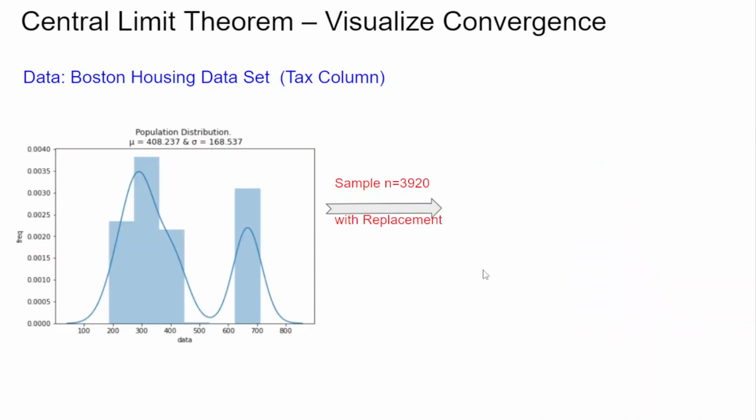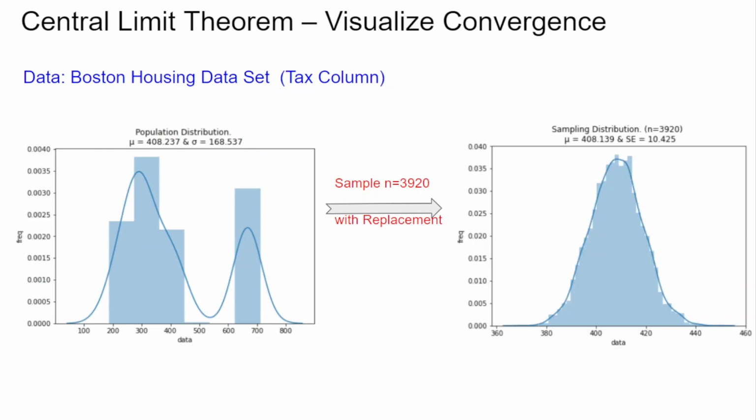And finally, we also try once more, almost close to 4,000 data points each time. And we get absolutely close to a normal distribution. And also, we see here this mean, 408.139, 408.237. It's getting closer and closer as we increase this for the 1,000 iterations.